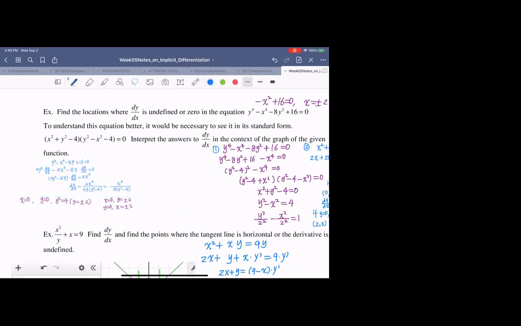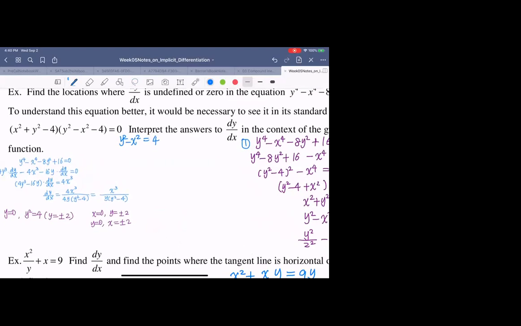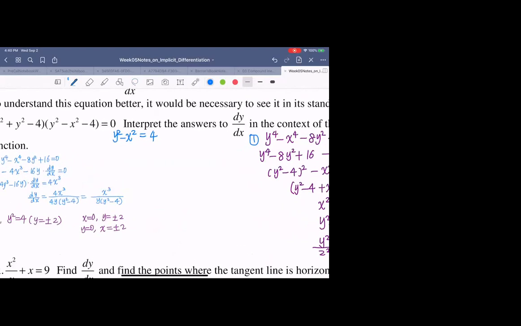Then we write down y squared minus x squared equals 4. And we can do the derivative over here also. So 2 times y times dy over dx minus 2x equals 0, right? And then dy over dx equals positive x over y, right?